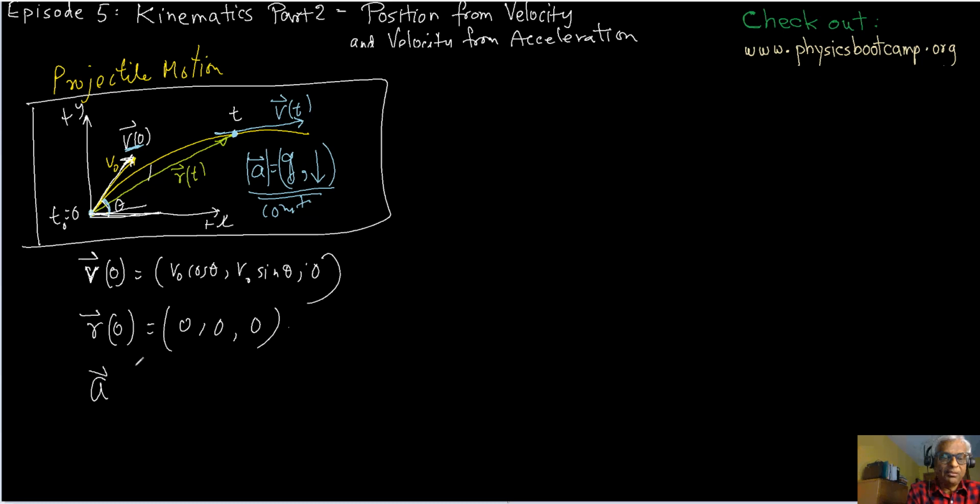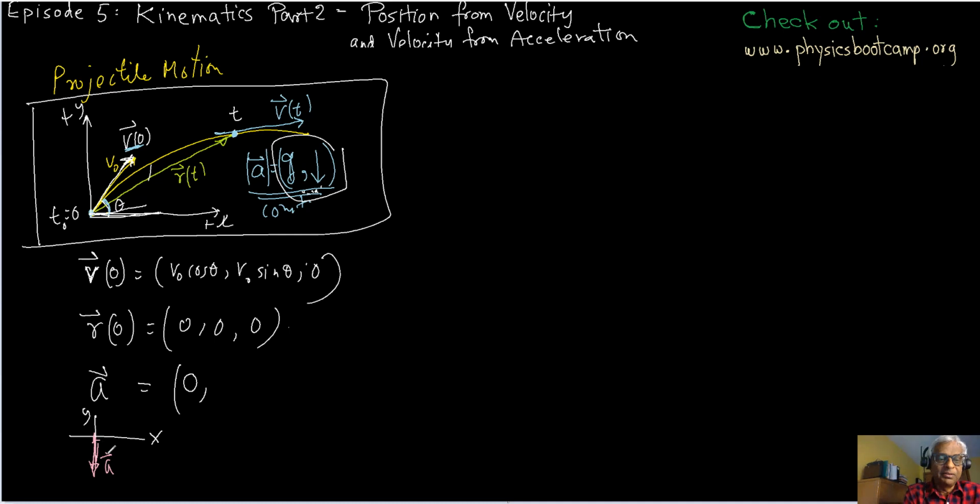How about the acceleration vector, which is constant, so I don't need to put a time here, and the way it's pointed is according to this coordinate system. If I take components in that coordinate system, I get no x component. So it's like this, x and y, and the vector is pointed this way.